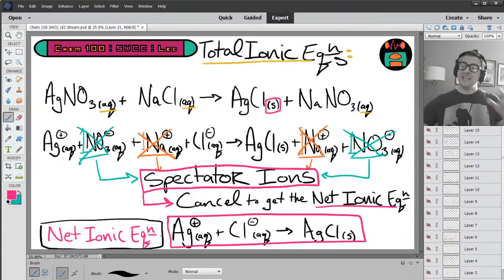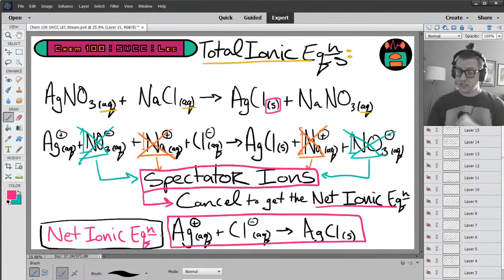So the net ionic equation and the total ionic equation are connected. You actually write out the total ionic equation as a step to get to the net ionic equation. In the total ionic equation, you break up every aqueous ionic compound in your reaction.